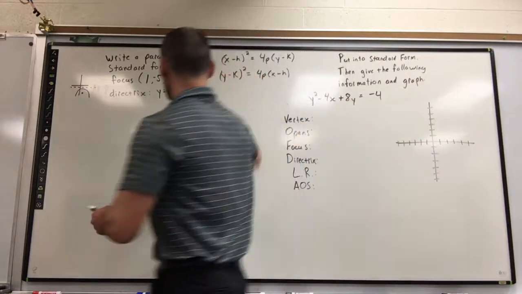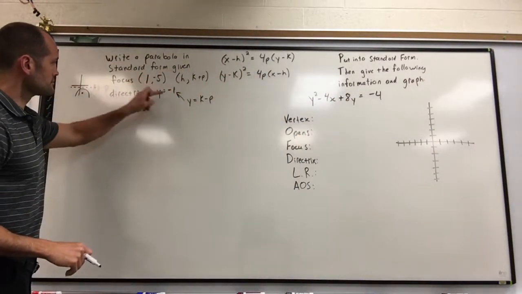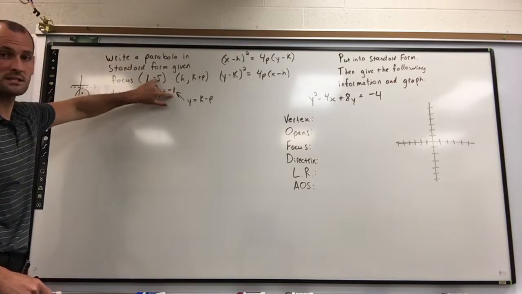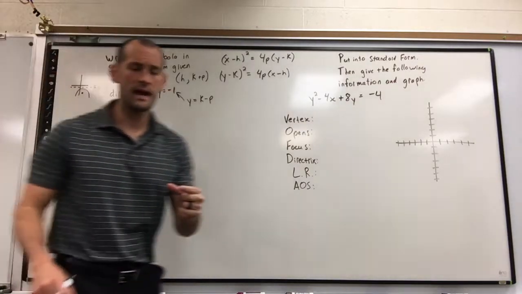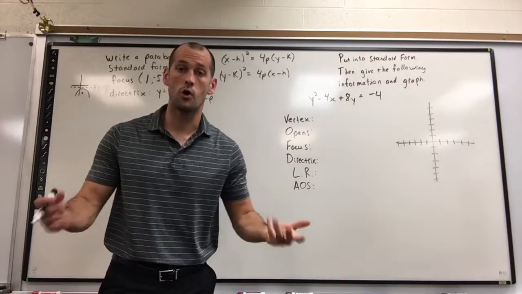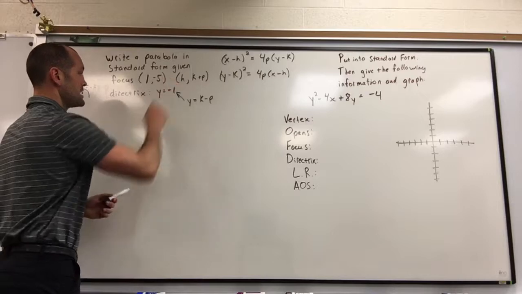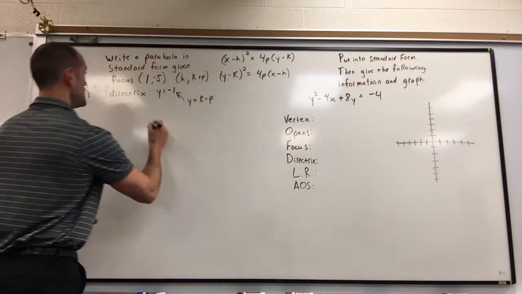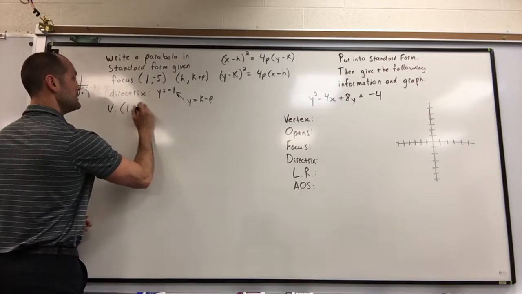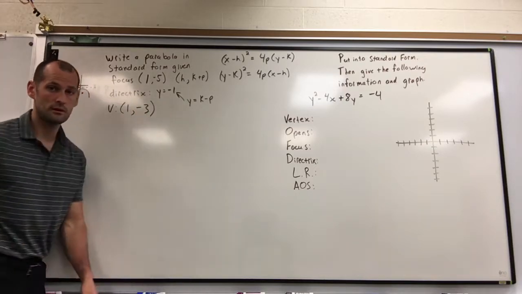So when I take a look at this, notice if this is k plus p and that's k minus p, well then k has to be right in the middle. So you can do this mental math style, or you can do the midpoint, add these together, divide by 2. You get a vertex of (1, -3).